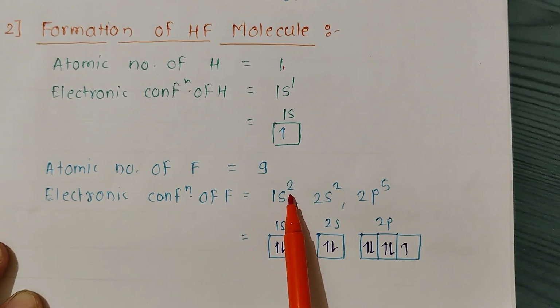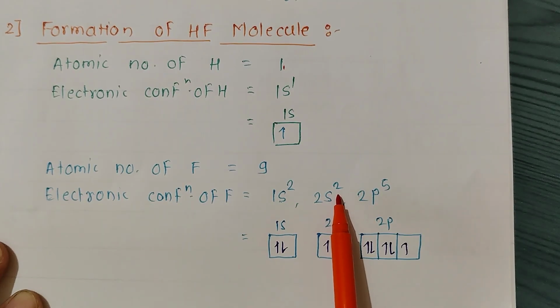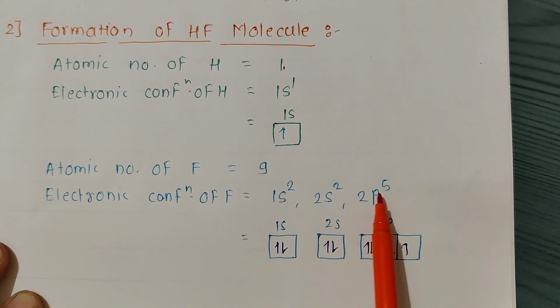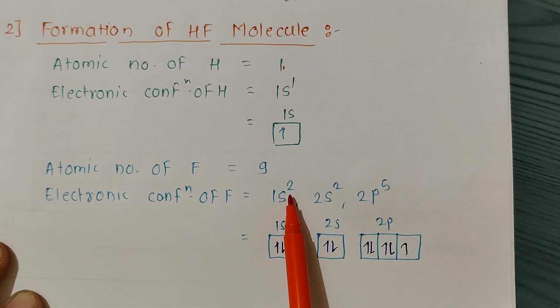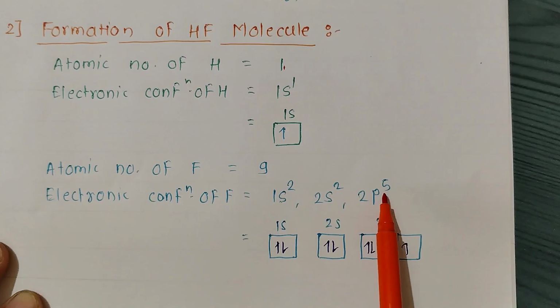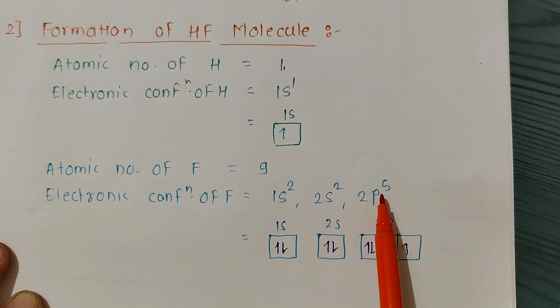In the 1s shell we can fill a maximum of 2 electrons, in the 2s shell again only 2 electrons, and in the 2p shell there is a capacity of 6 electrons, but here we can fill only 5. Why 5? Because 2 plus 2 is 4, plus 5 is 9, means 9 electrons are completed. That's why we fill 2p5.